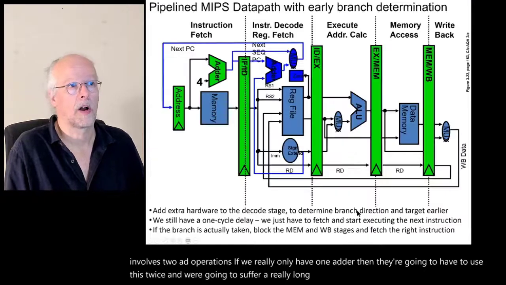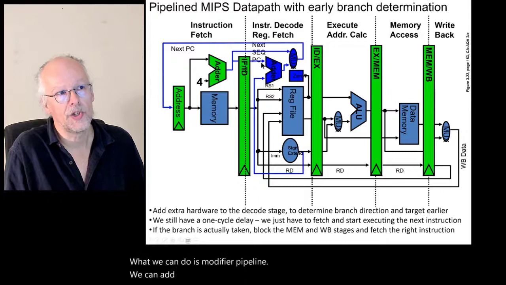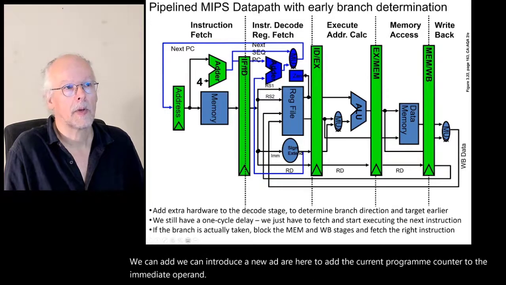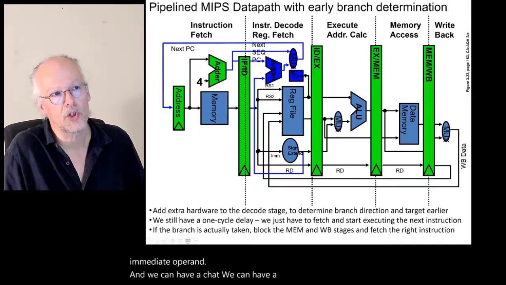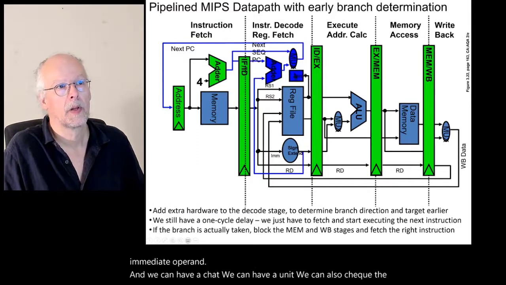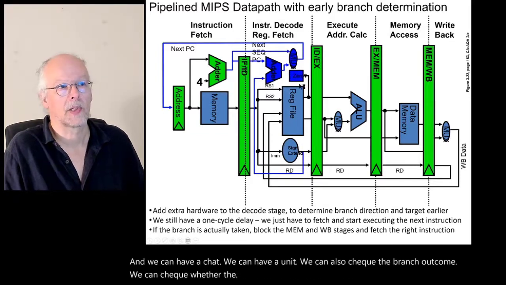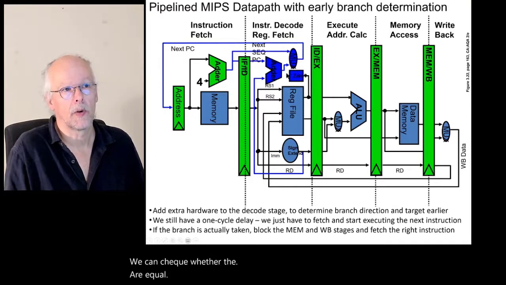What we can do is modify our pipeline. We can introduce a new adder here to add the current program counter to the immediate operand. And we can also check the branch outcome. We can check whether the operands are equal or equal to 0 here.